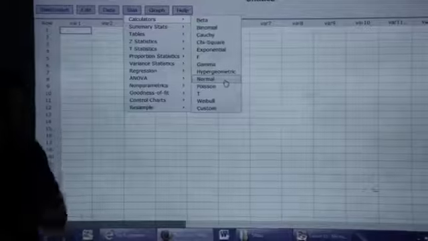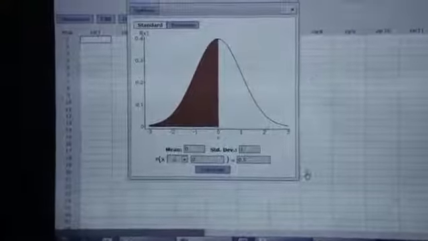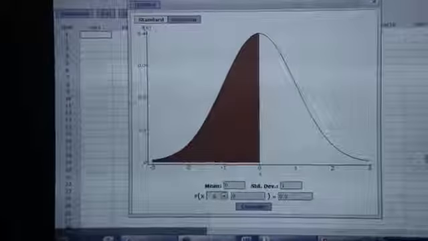We're not working with data. For this problem, we're going back to that normal model calculator. We've used this normal model calculator before. If we were shading normal models up or down or in between, or maybe we know the area and we're looking for values on the horizontal axis. So fire up that normal model calculator. Looks like this.